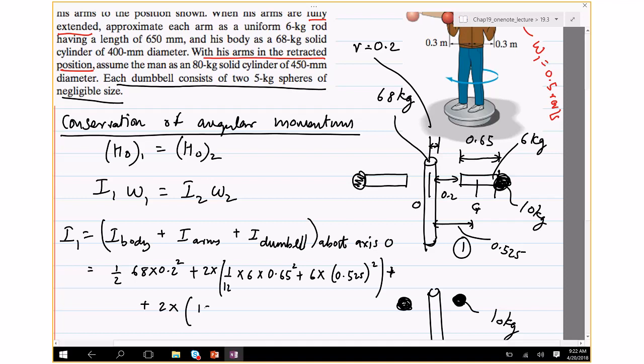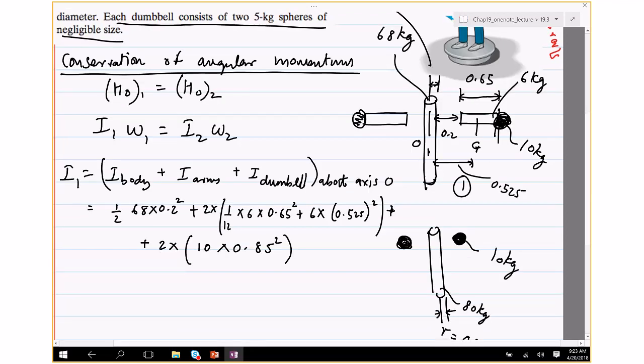So each dumbbell is 10 kilograms times the distance from this point to O, so it's going to be 0.85 squared. So if you do the math on this, it comes out to be 19.54 kg meter squared.